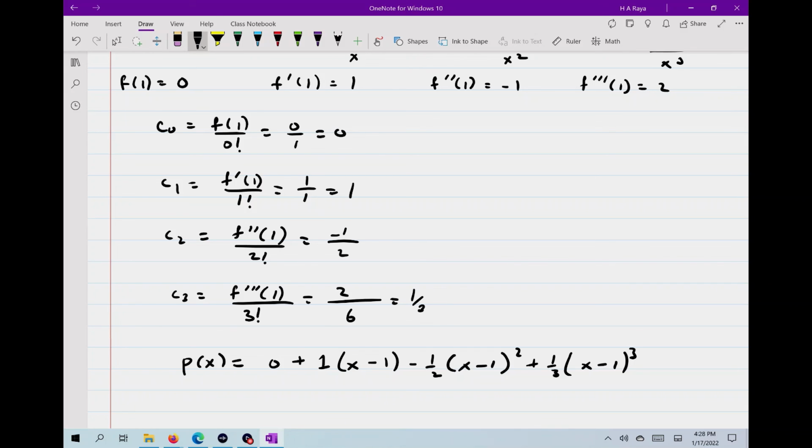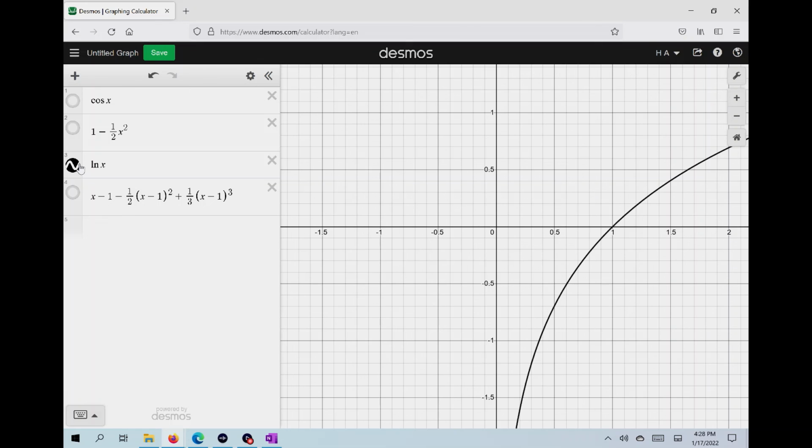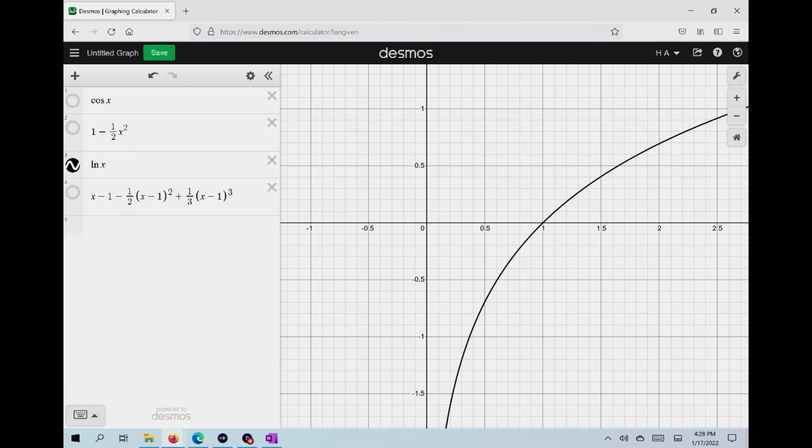Let's take a look and see if this is a good approximation to my natural log function close to x equal to 1. So let me turn off the previous functions here. Here is the graph of my natural log function. And here is my polynomial.